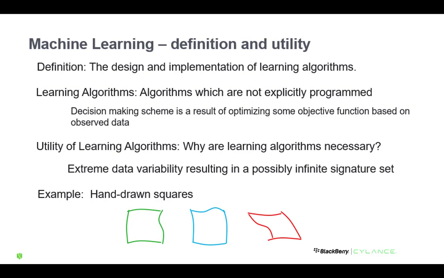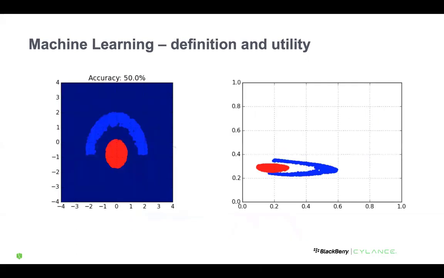So the idea of a learning algorithm is to take many examples of what we would call hand-drawn squares, many examples of shapes that we would not call hand-drawn squares, and design an algorithm which would infer what we mean by a hand-drawn square and what we mean by something that isn't. Okay, so that's the idea, letting our algorithms determine what the important features are.